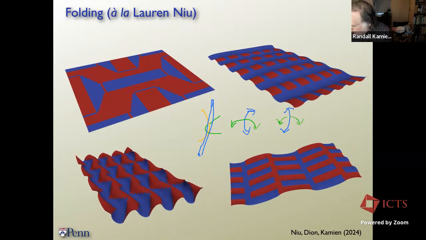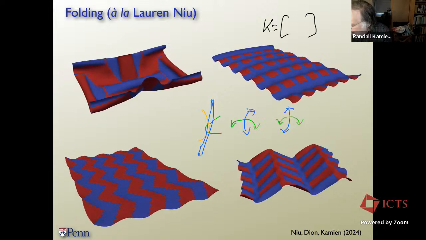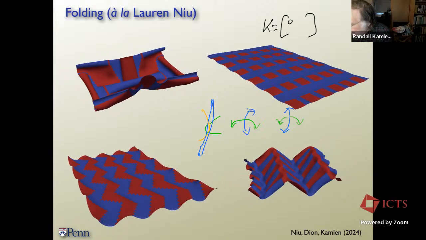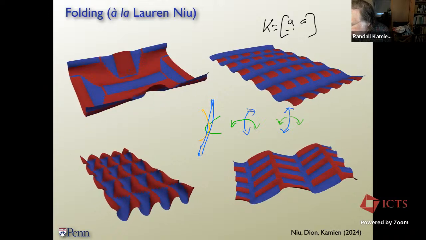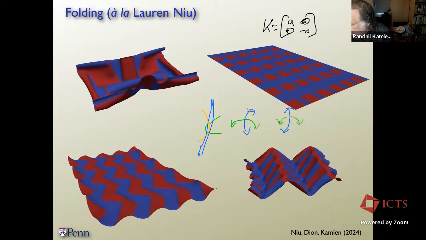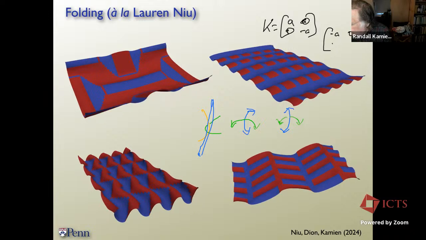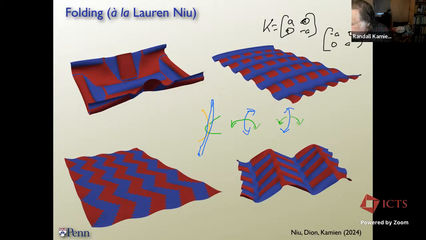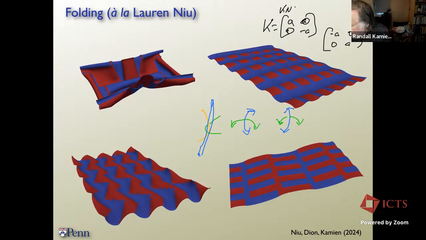So the curvature tensor in one case would be 0 a, 0 minus a, sorry, it'd be a 0, 0 minus a, and the other case it would be minus a 0, 0 a. All right, so this would be knit. This would be purl.